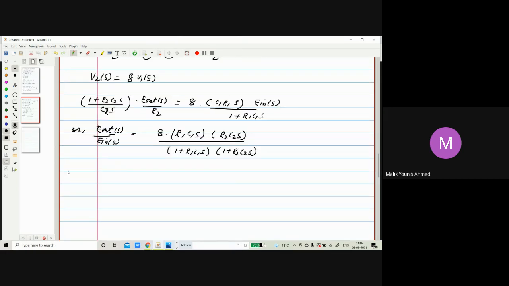So if we further simplify this, E out of S divided by E in of S will be equal to 8 R1 R2 C1 C2, sorry, this is R2, S square divided by, so that's all what we required.